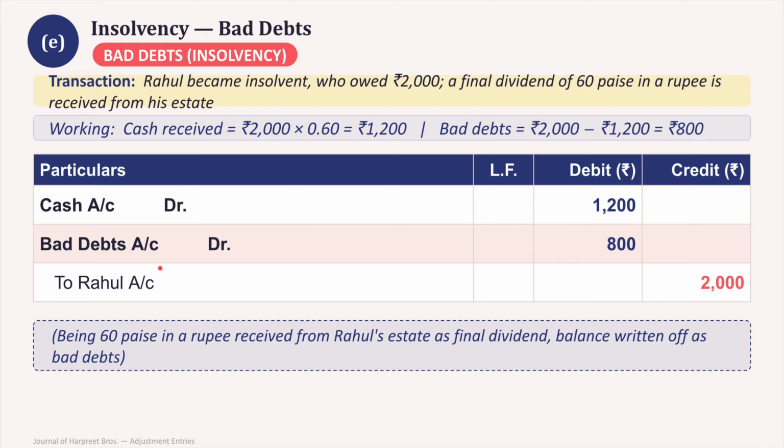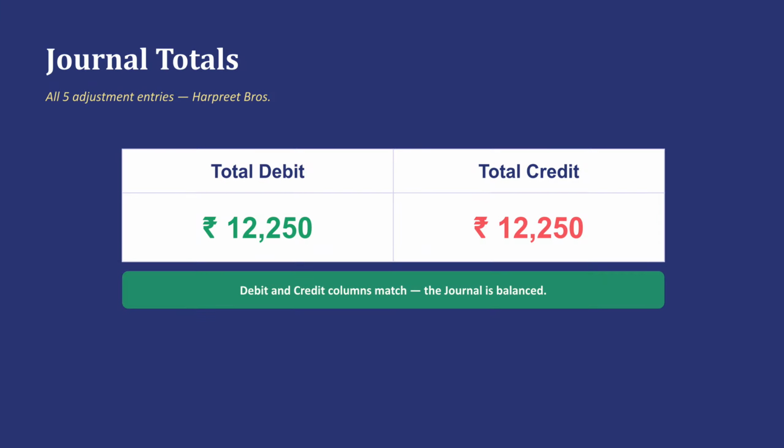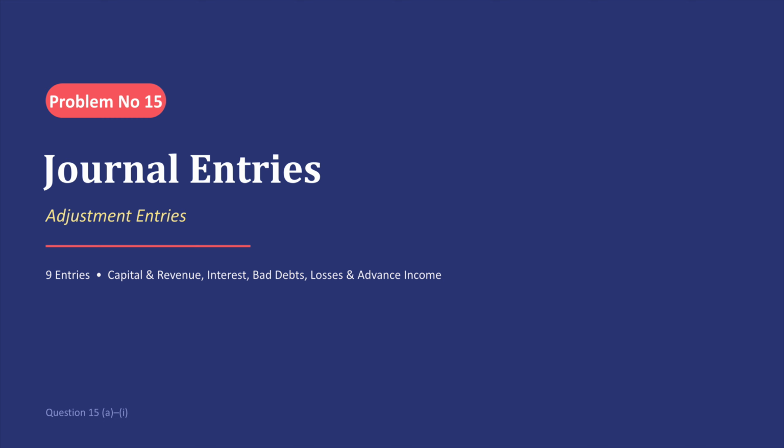Bad debts is an expense, so bad debts account debtor, we will debit 800, to Rahul account, we will credit 2,000. Being 60 paise in a rupee received from Rahul's estate as final dividend, balance written off as bad debts. So compound entry, you have to calculate the amount and then write. So the total will be 12,250. You can check the last sum in this video.